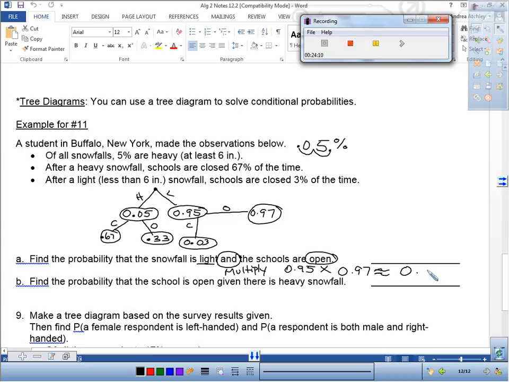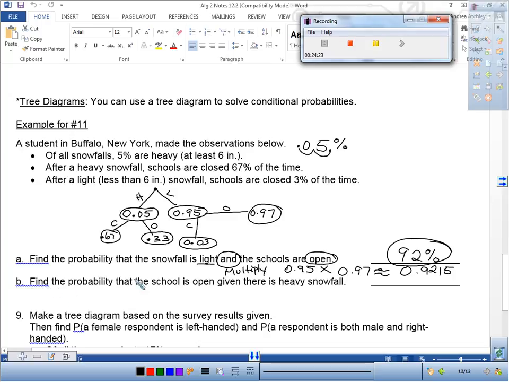And that would be 0.9215. So that's about 92% of the time schools are open. Any questions over that?